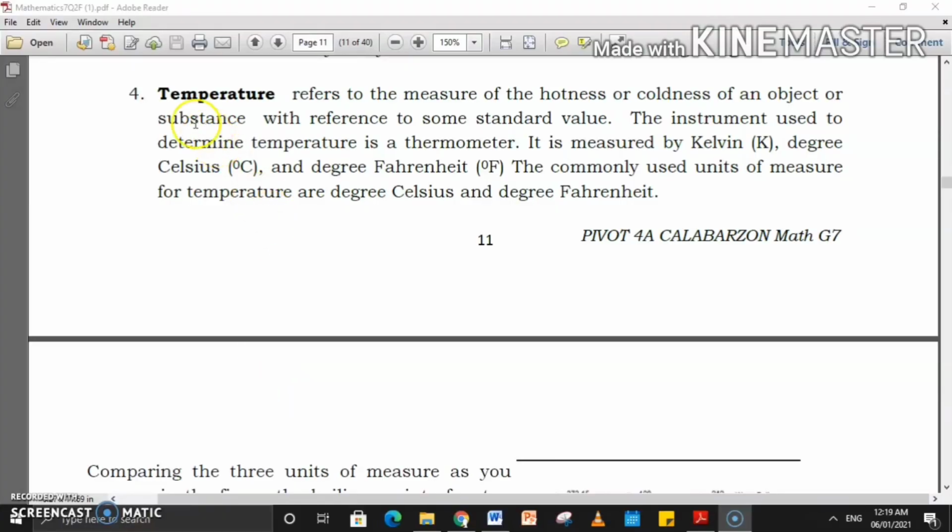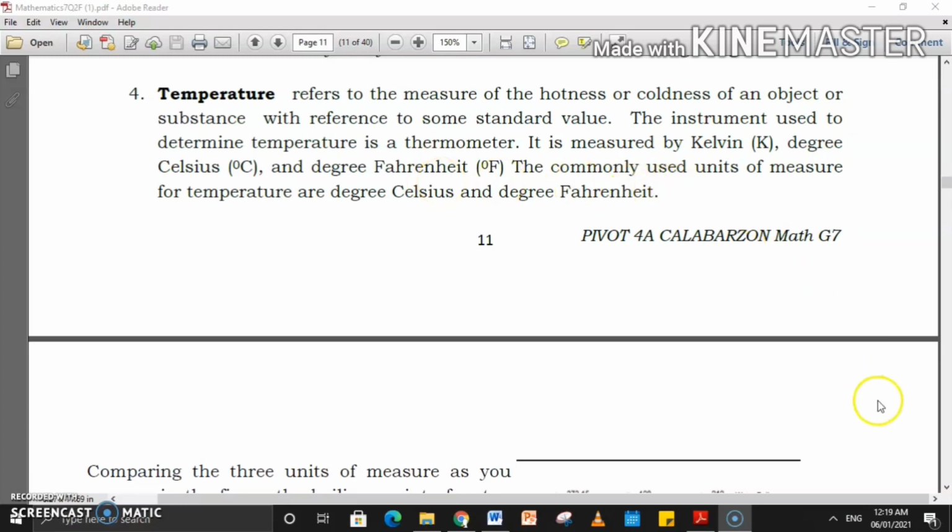Next quantity that we are going to measure is the temperature. So temperature refers to the measure of the hotness or coldness of an object or substance with reference to some standard value. So we have an instrument that we are going to use in determining the temperature. That's what we call thermometer. It is measured by Kelvin, degree Celsius, and degree Fahrenheit.